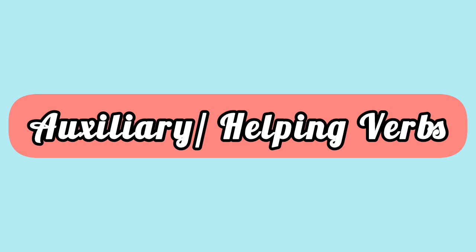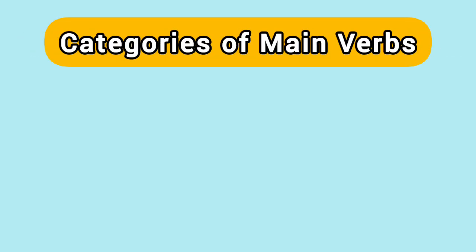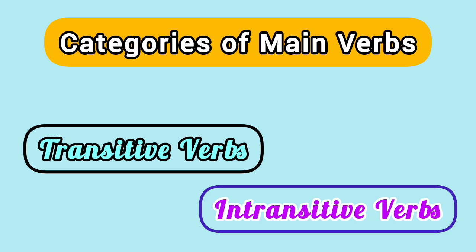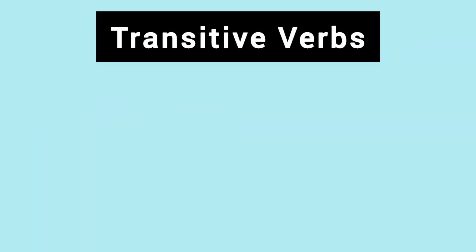So, dear all, it's time to know the categories of main verbs. These include transitive verb and intransitive verb. So, let's begin with the transitive verbs. And you should know that the word transitive is related to two other words in terms of meaning.